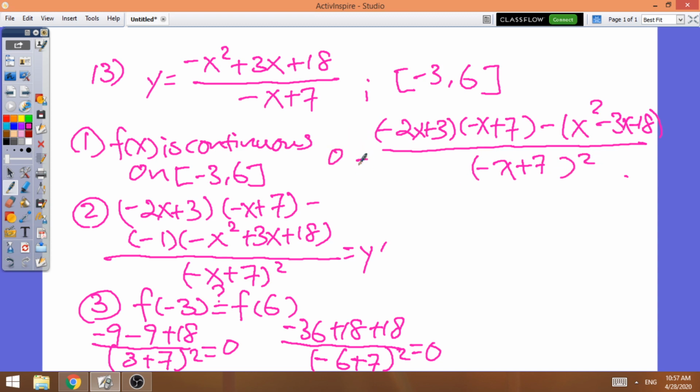Set that equal to 0. The only thing that we can set equal to 0 is just the numerator, so the numerator is going to be 0.